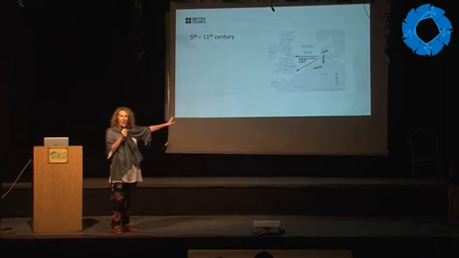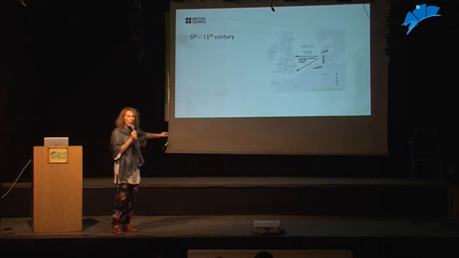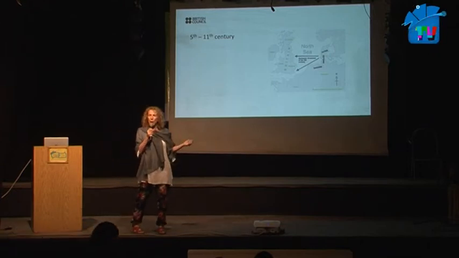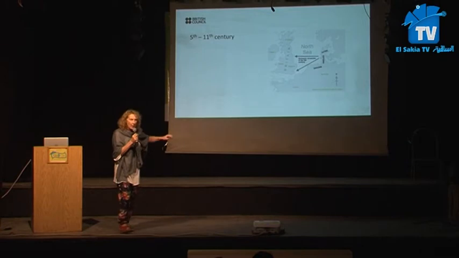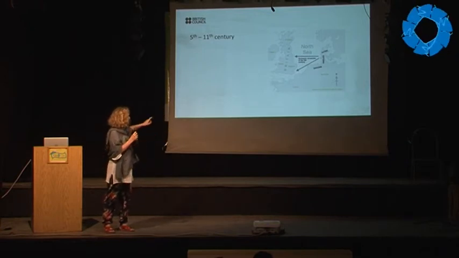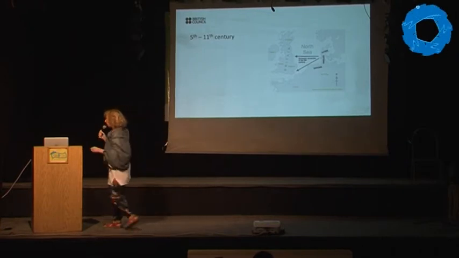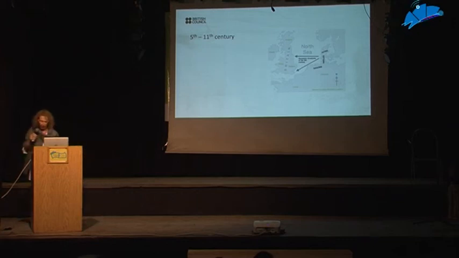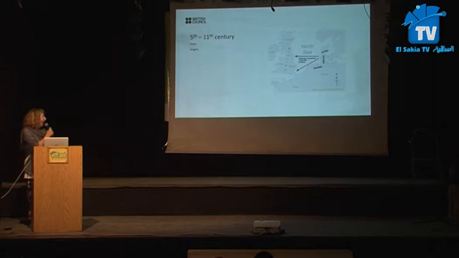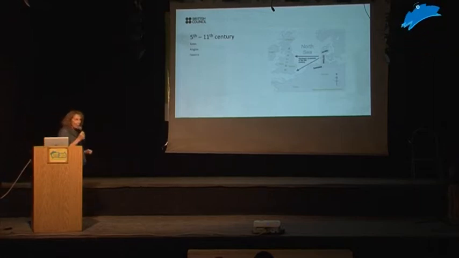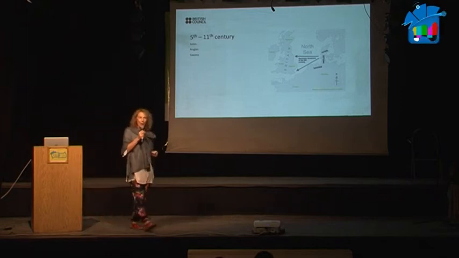And at a certain point in the 5th century, warlike tribes from Denmark invaded Britain. These tribes were called the Jutes, the Angles, and the Saxons. And they invaded Britain and they settled there.